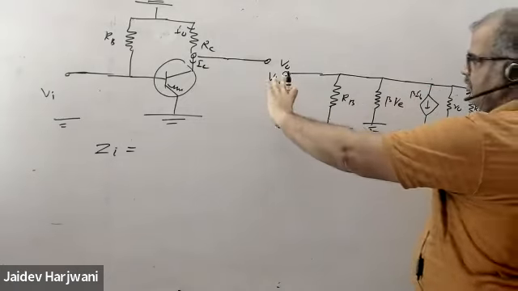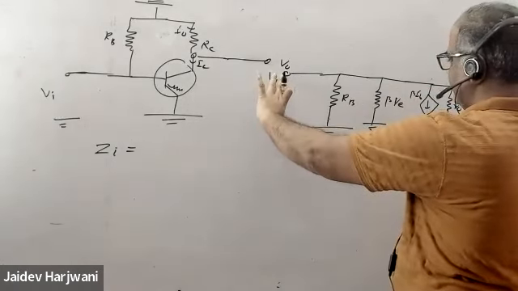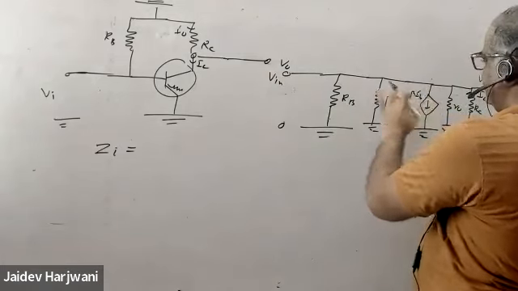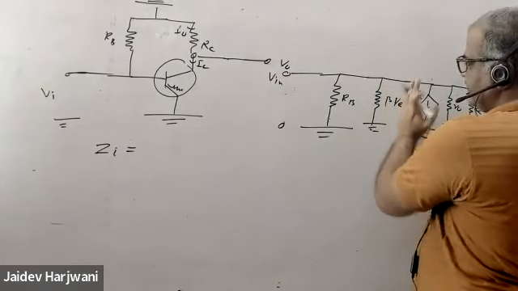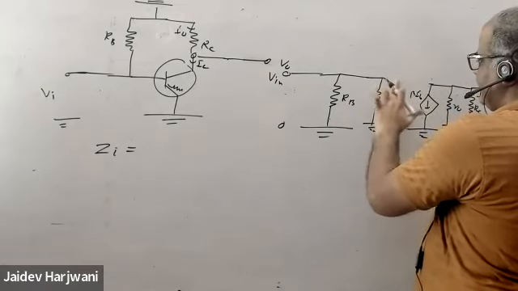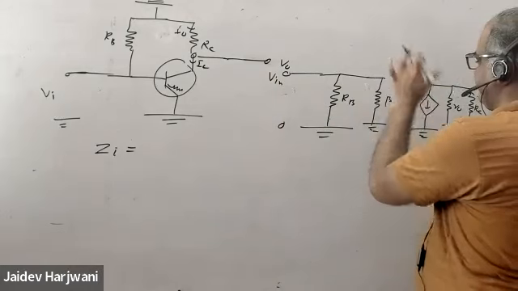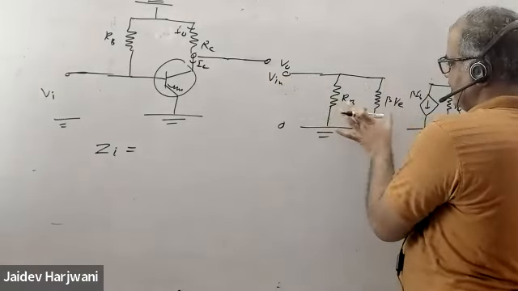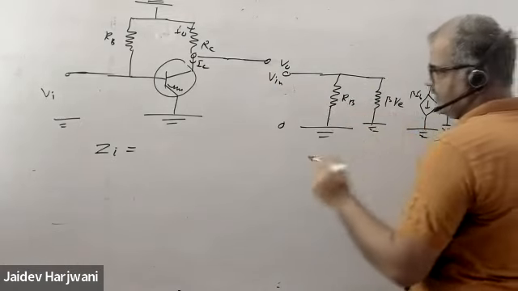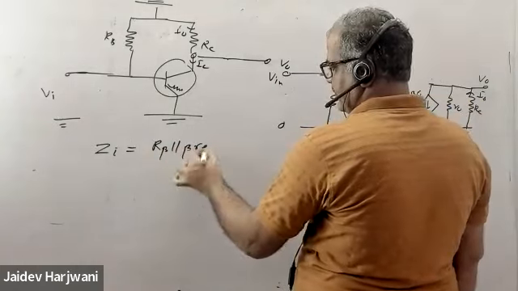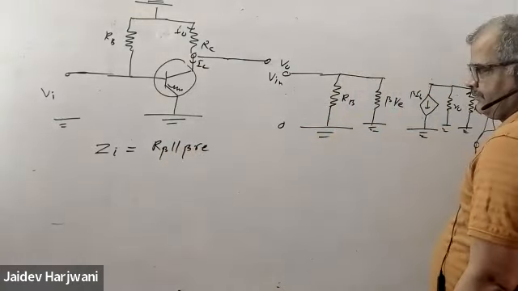So this is the open circuit voltage you have to calculate, and once you open, this circuit is totally isolated from the input. So when you calculate this V input, that is simply a combination of RB and beta RE. So this is your RB parallel beta RE.